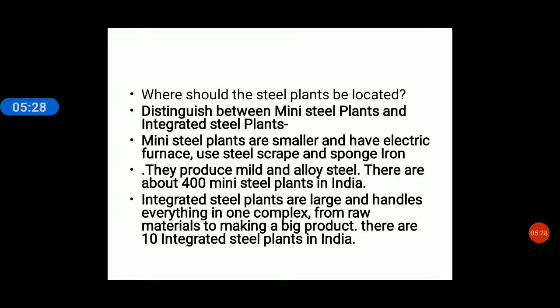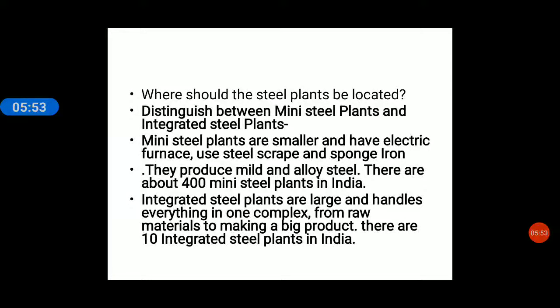They use steel scrap and sponge iron. Steel scrap is the leftovers, and sponge iron is from low quality iron ore. They produce mild and alloy steels and small machinery. There are 400 mini steel plants in India.